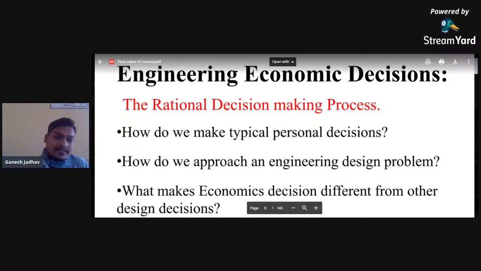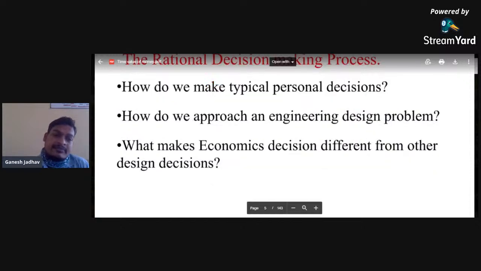And the third and last problem is what makes an economic decision different from other design decisions. Economic decisions are related to a particular project, while design decisions follow the client's requirements. As per the client requirement, we design the architecture of the project. So we have to study how design decisions and economic decisions differ from each other.